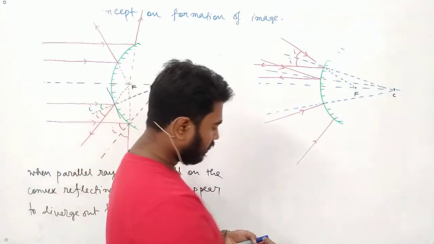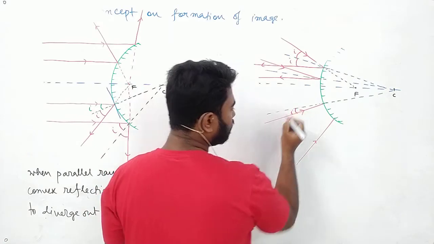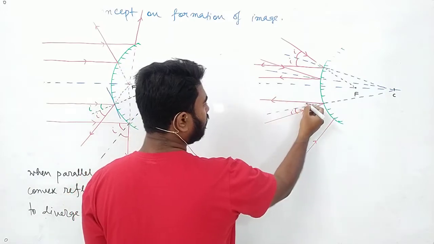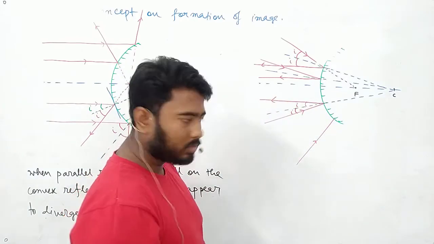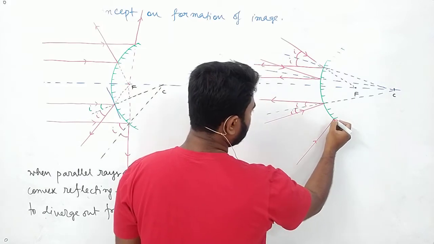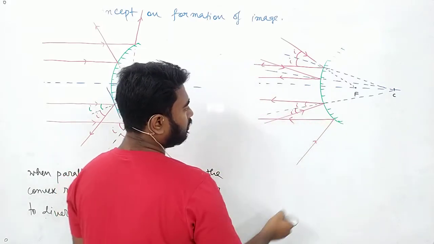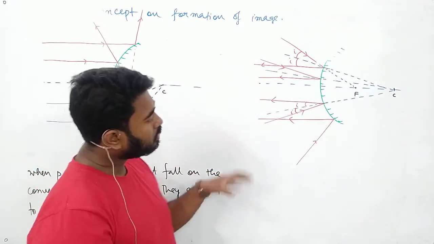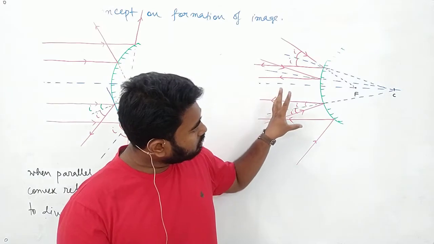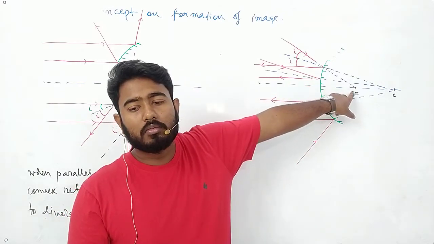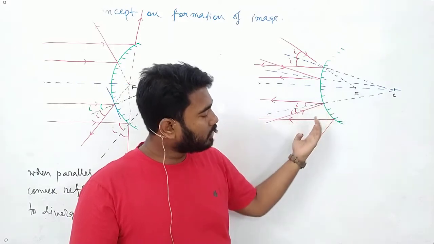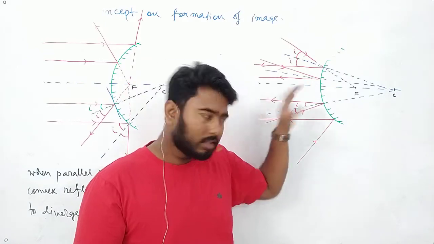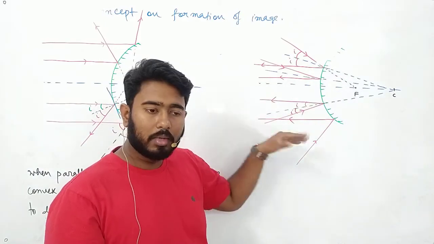Then this one will be the angle of incidence, right? That means they will get reflected back, making the same angle. So this one will also be the angle of incidence, and for this case also, it will reflect, making the same angle. Is the idea clear? Okay, that means if the rays of light converge towards the focal point of a convex mirror, after reflection they will move out parallel to the principal axis, right? See, all of these rays which are emerging out are parallel to the principal axis.